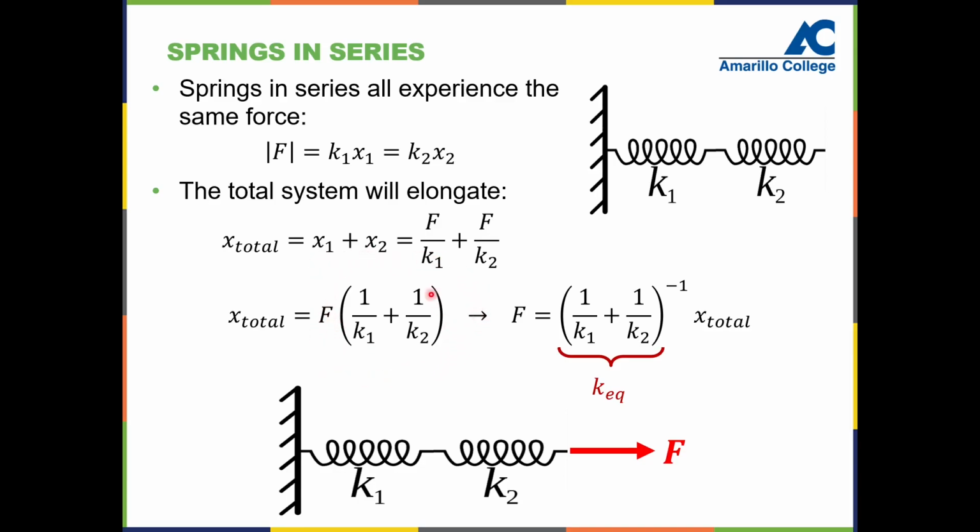What I get is that my force is going to be equal to 1 over (1 over K1 plus 1 over K2) times my total displacement. So we figure out that our equivalent spring constant is 1 over the entire value of 1 over K1 plus 1 over K2. If we have more springs, you would do your summation of your inverses first, and then finally you take your inverse at the end.